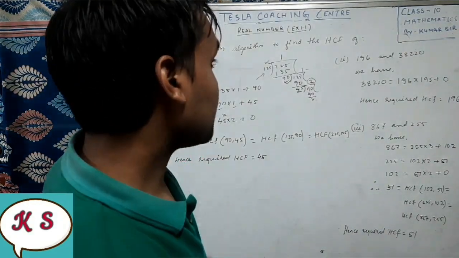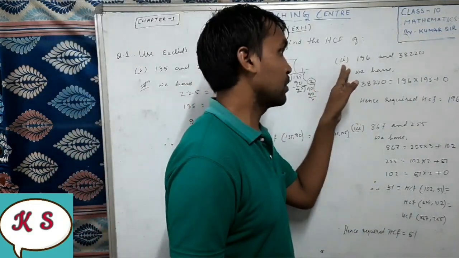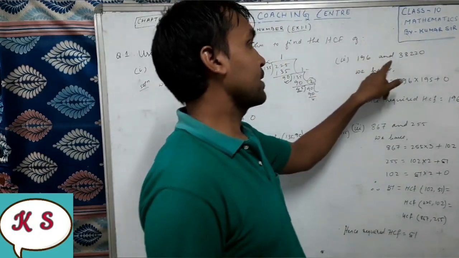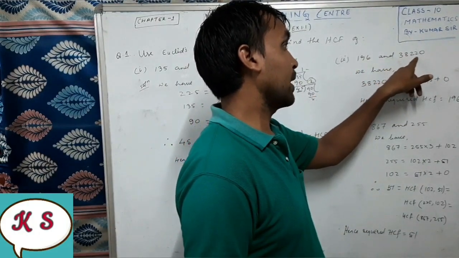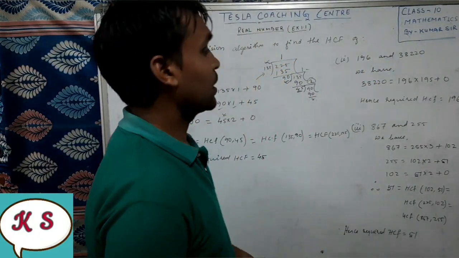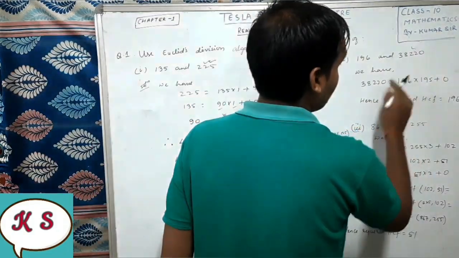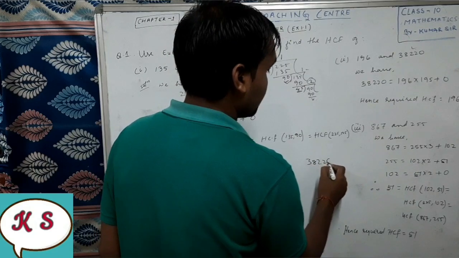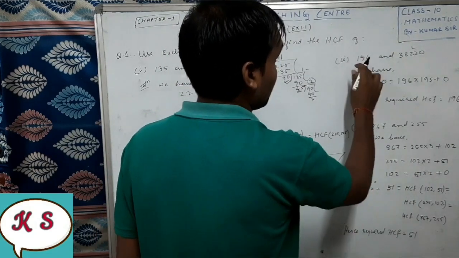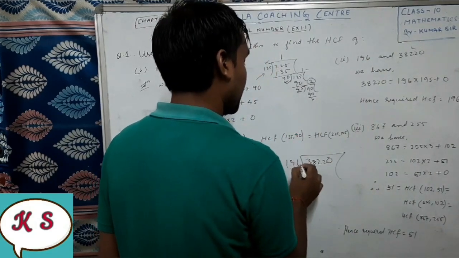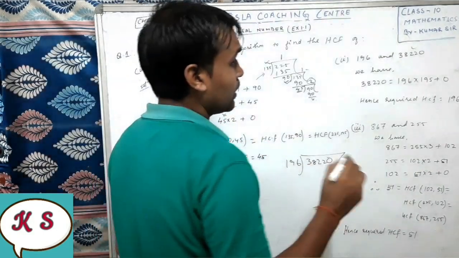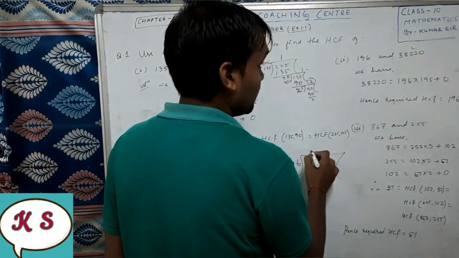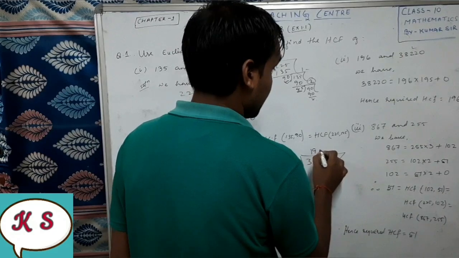Now moving on to question number 2. Here it is 196 and 38220, right? The bigger number is 38220, so we'll write 38220 divided by the smaller number, 196. How many times will it go?